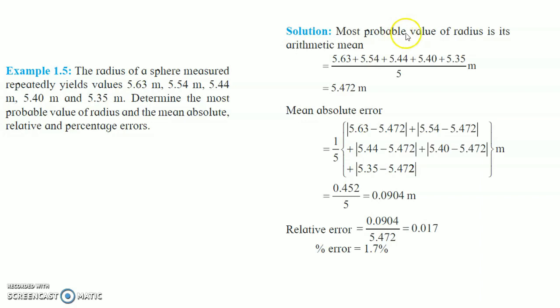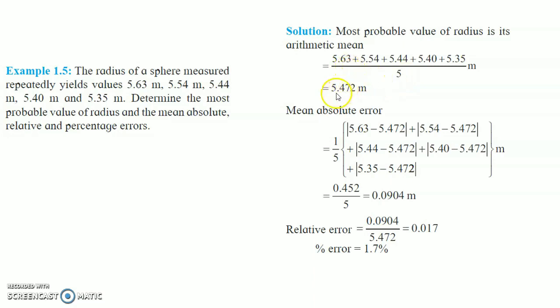Now the most probable value of the radius is nothing but the mean. The formula for arithmetic mean is adding all the readings and dividing by the number of readings. So we have added all the readings over here and there are 5 readings, so we divide by 5.